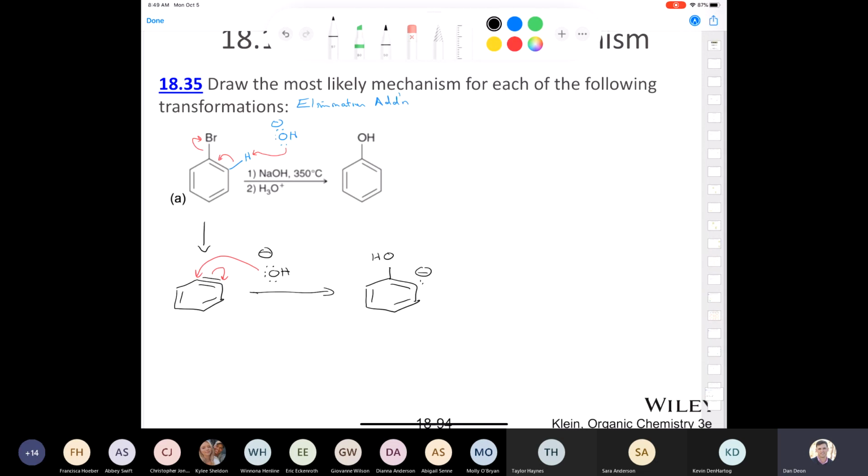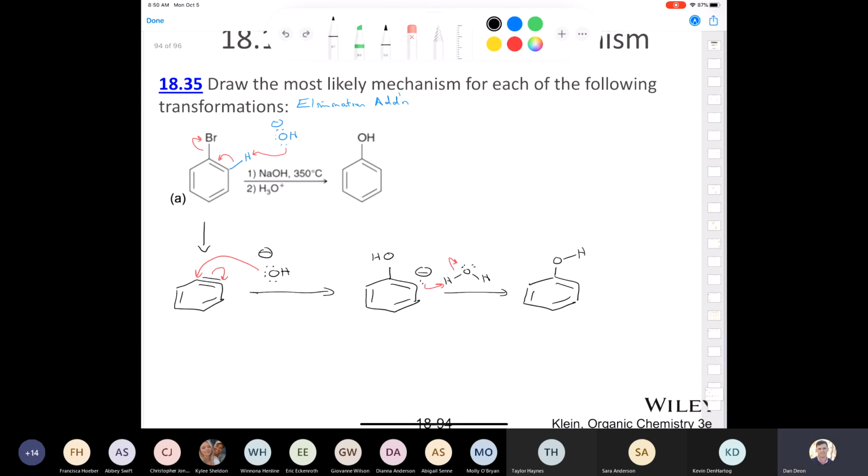And then in the last step, we're going to treat that with acid. Sorry, we're still in hydroxide, so we're going to protonate that with water. Protonate it like this. Then we end up with our phenol. Okay, I'm still on step one. And think about it.